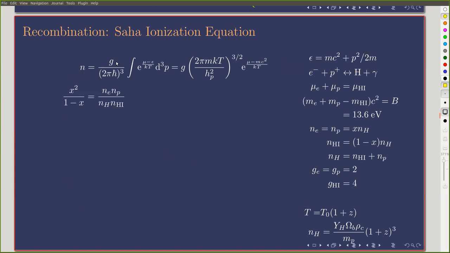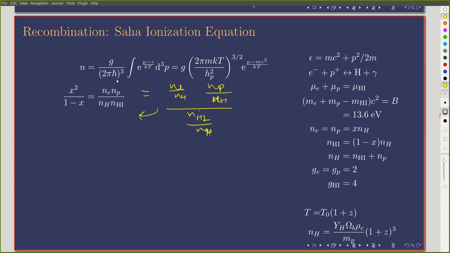And what we want to calculate is basically this ionization fraction. So we can calculate this. This is basically, let me just prove that this is the number density of electrons by the total number density, and the number density of protons by the total number density, and this factor is the number density of neutral hydrogen by the total number density. So then this turns out to be equal to what I've written.